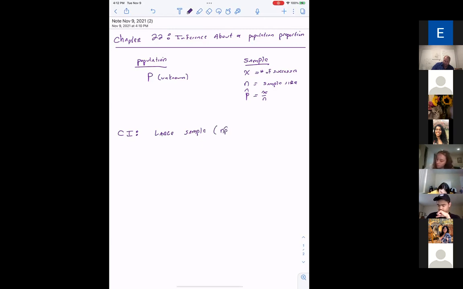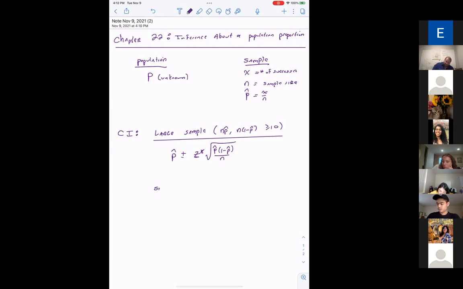It means n times p hat and n times 1 minus p hat are both greater than or equal to 10. If those conditions are satisfied, then we get p hat plus or minus z star times the square root of p hat times 1 minus p hat over n. That is the large sample confidence interval.